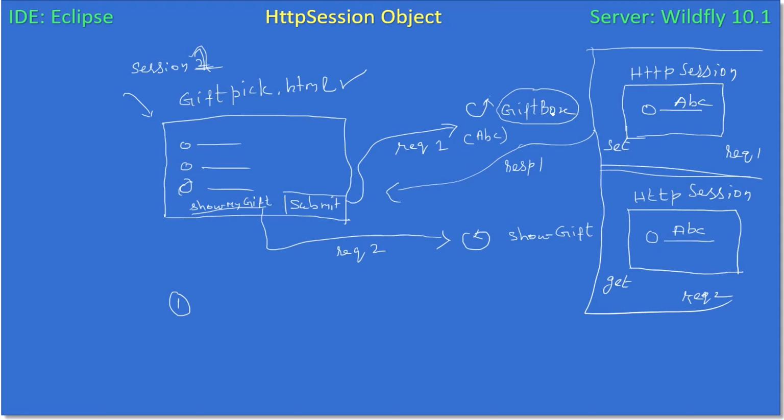We will name it when we are demoing it. Then there is one more thing we need to create, the show gift servlet. So in total we will create 3. One is the HTML file, next is a servlet that will perform the set operation, and then one more servlet that will perform the get operation.